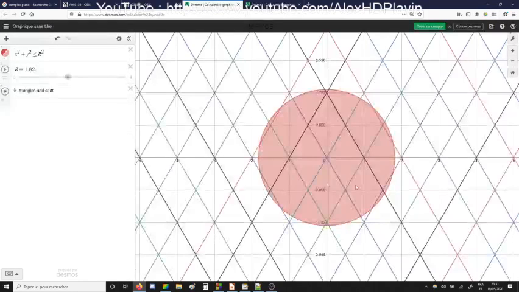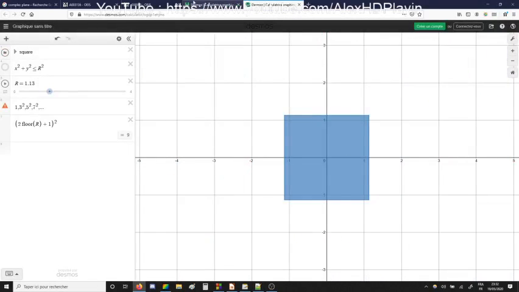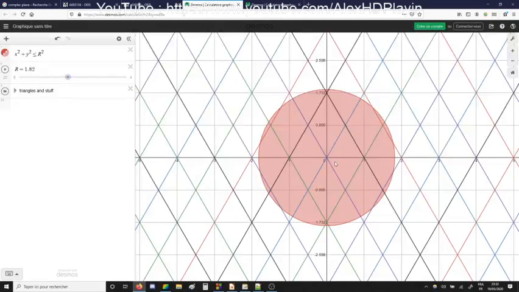But here it's a bit more complicated. Here, for each Eisenstein integer, the closest Eisenstein integer is going to be at distance 1 on the x-axis, just like here, but it's going to be at distance square root of 3 over 2 on the y-axis.